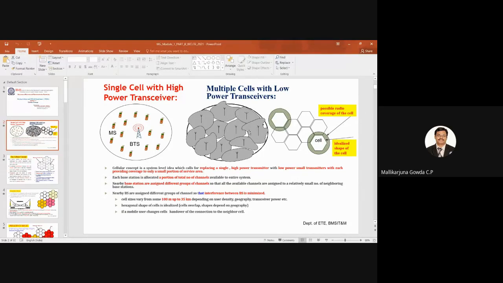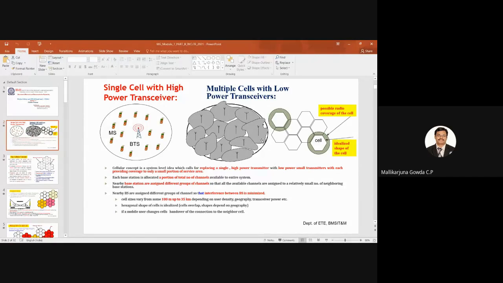Whatever frequencies we are using in one cell, the same frequencies will not be used in the neighbor cells or the adjacent cells. So the frequencies used in the adjacent cells will be different. Fine. Each base station is allocated a portion of the total number of channels available to the entire system.